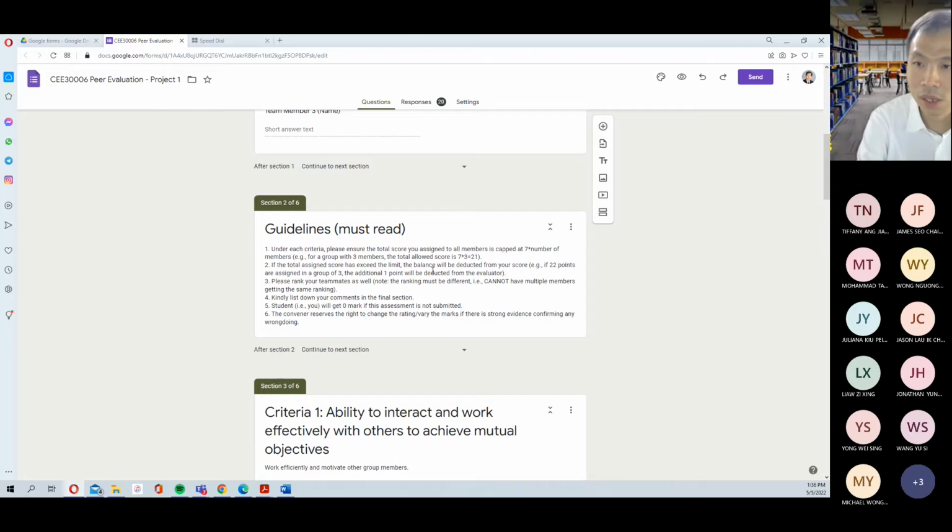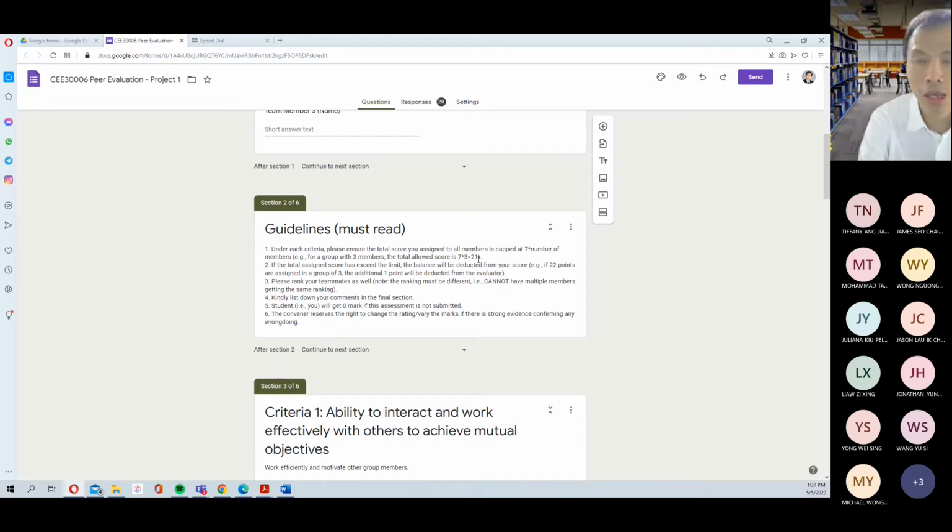Under each criterion, please ensure the total score you assign to all members is kept at 7 times the number of members. So for a group of 3 members, the total allowed score is 7 times 3 equals 21.